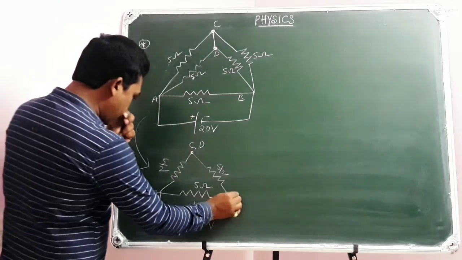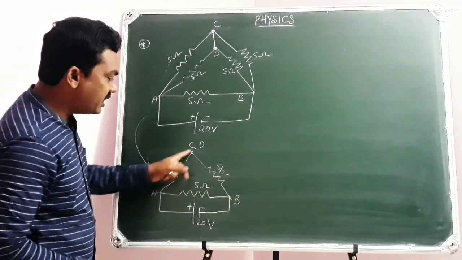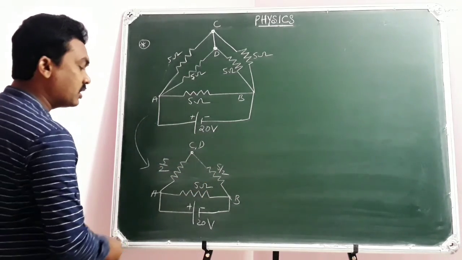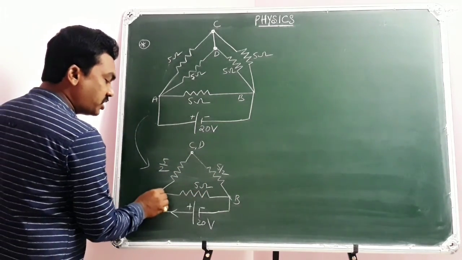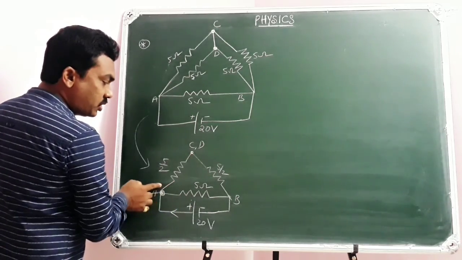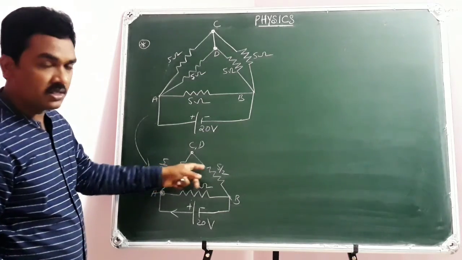Now in this situation, you can see this 5 by 2 and 5 by 2 in between AC and BC will be in series, because whatever the current drawn is going to find the division at the junction A along AB and AC, but the current through AC will be the same as current through CB. That's why these two are in series.